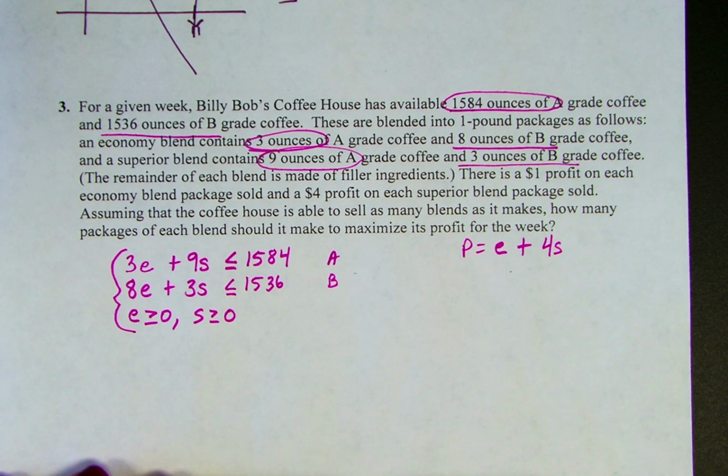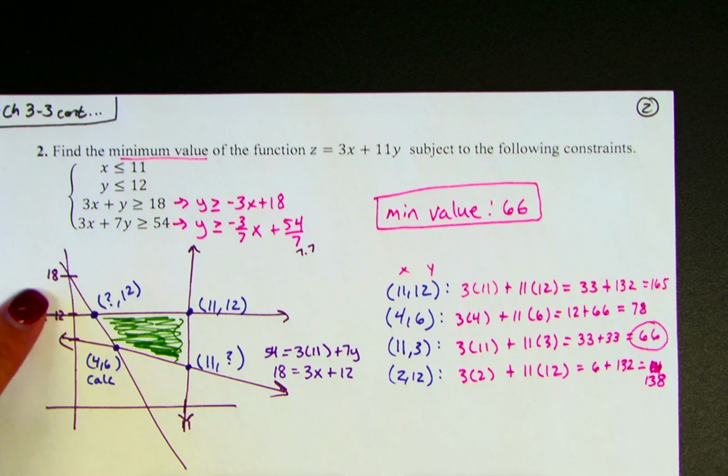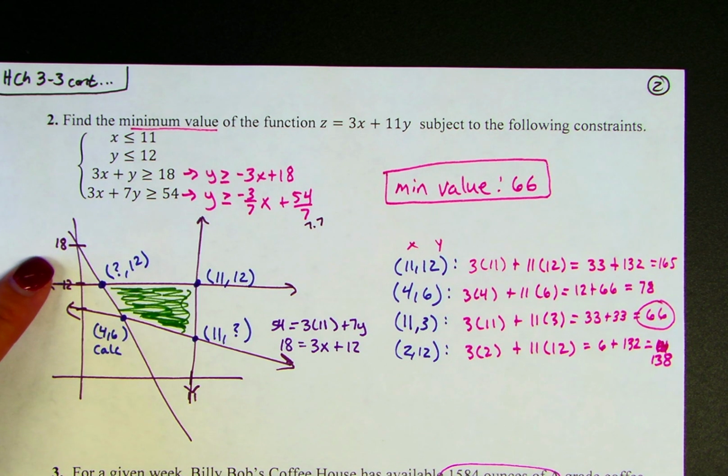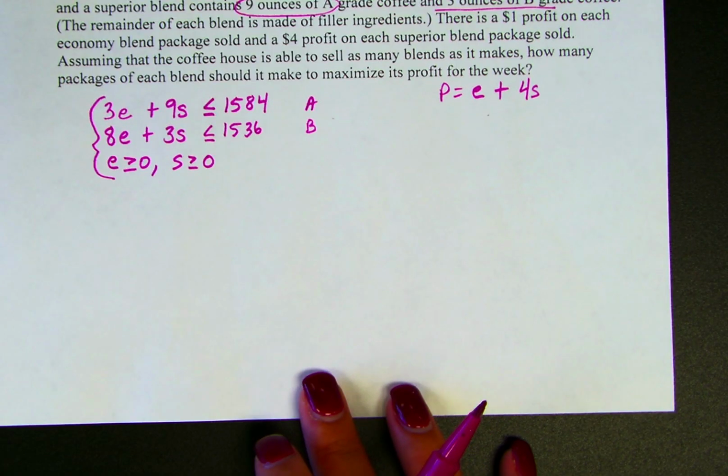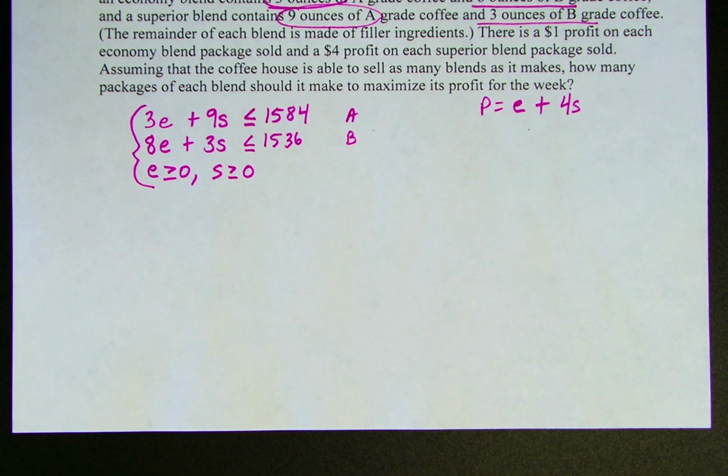Okay, so now we are going through this process to figure out how to maximize that profit. So the first thing we're going to need to do is decide, if we're thinking about it in terms of a graph, which one we want to represent the x-axis and the y-axis.